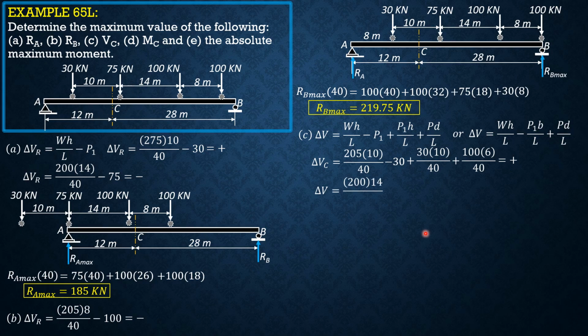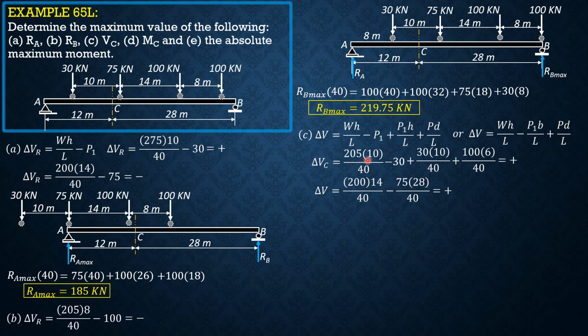So delta V equals 200, 100 plus 100, when this 100 kilonewton load is moved over C, times 14 over 40, then minus P1, which is 75 times B, which is 28 over 40, then this is 0, there will be no more incoming load. The sign is still positive.